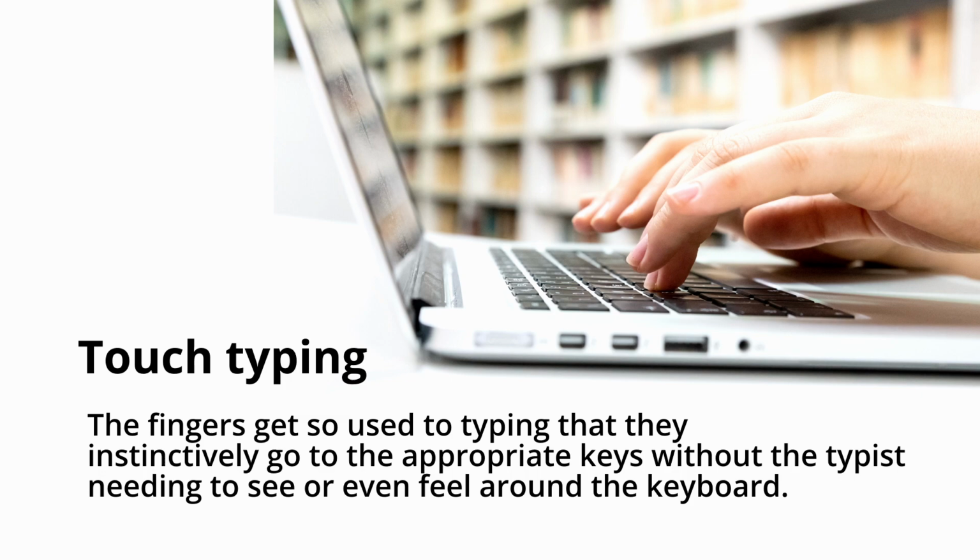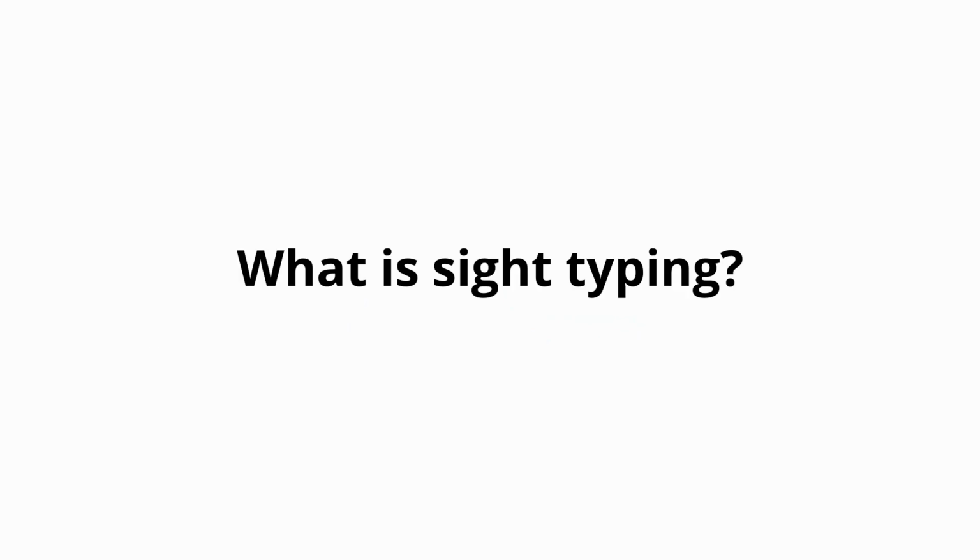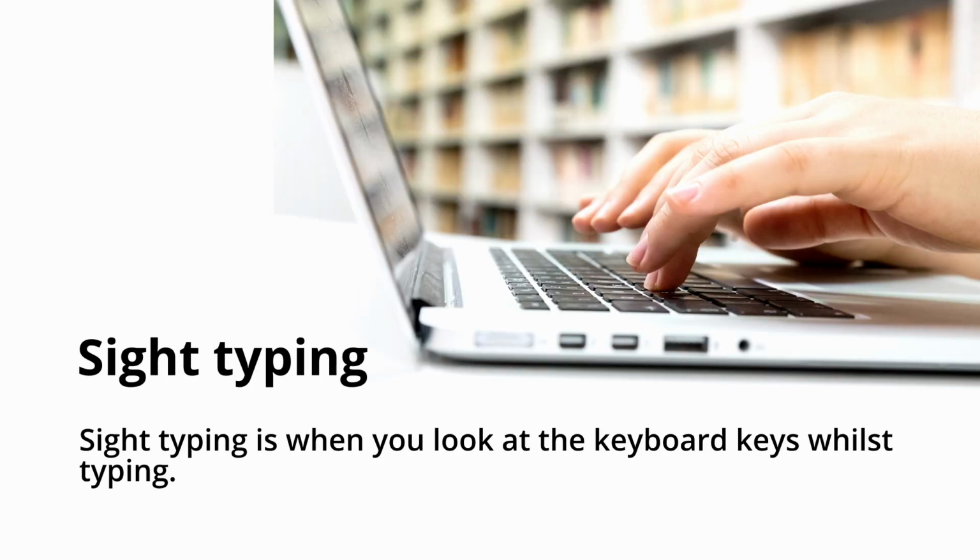Hope that is clear. Now let's get to know what is side typing. Side typing is a method whereby the typing is done by looking at the keyboard and the material which is to be typed by the operator, or the person who's typing.